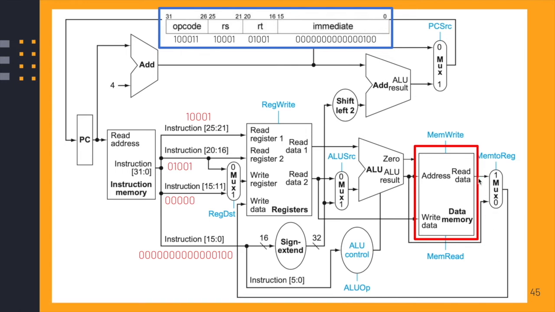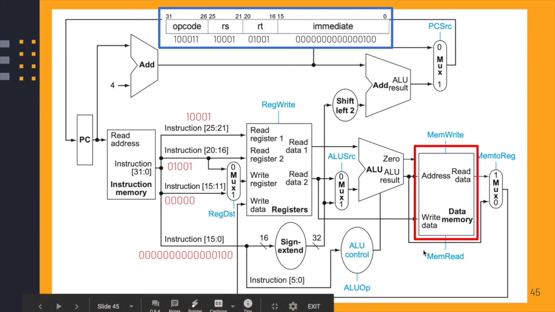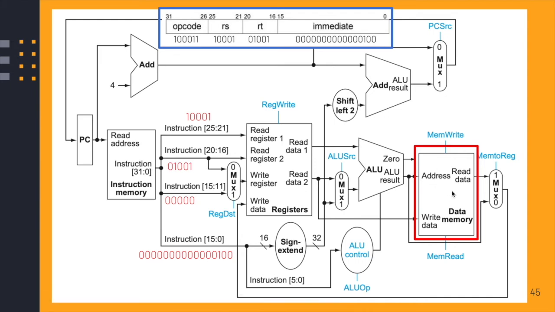So as you can see, this multiplexer will choose which value, the read data, the data that we read from where? From the data memory. So the ALU calculated the base address plus offset. This is the location I want to retrieve data from the data memory. This will be input to the data memory as an address, okay? And then when the mem read signal is 1, I will read the data inside this address and output it onto the read data line.